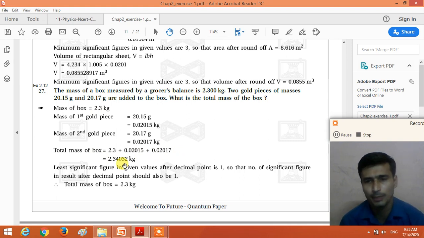After the decimal point there is only one digit, right? So the total mass of the box is 2.3 kg, right? Understand? If you round 2.34032 up to one decimal point, we get the answer 2.3 kg, right?